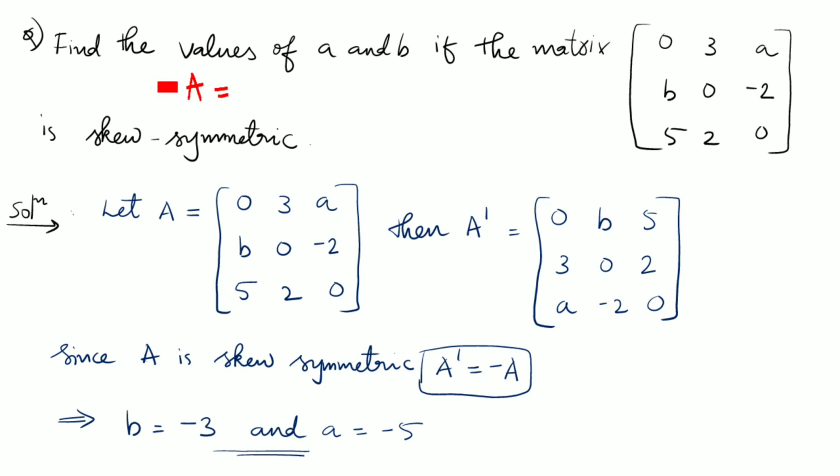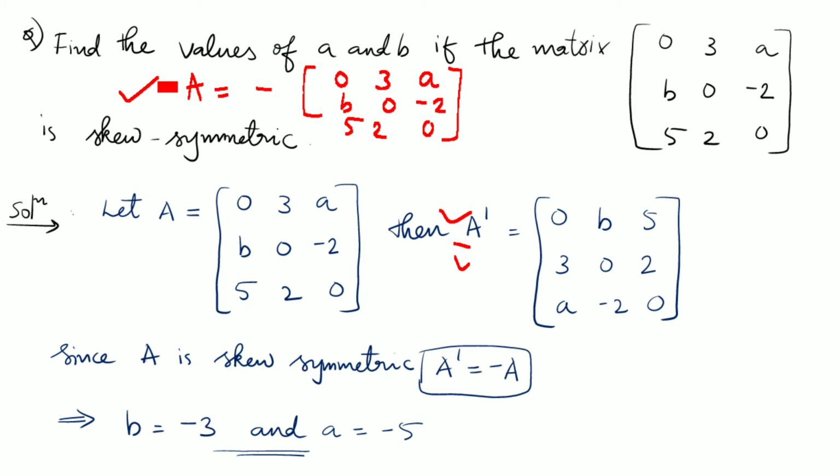You just have to write minus, then write this matrix 0, 3, A, B, 0, minus 2, 5, 2, 0. And just check whether this minus A matrix and this A dash is equal.